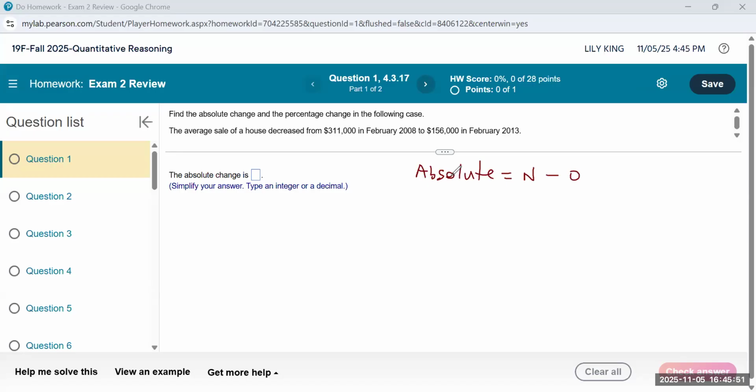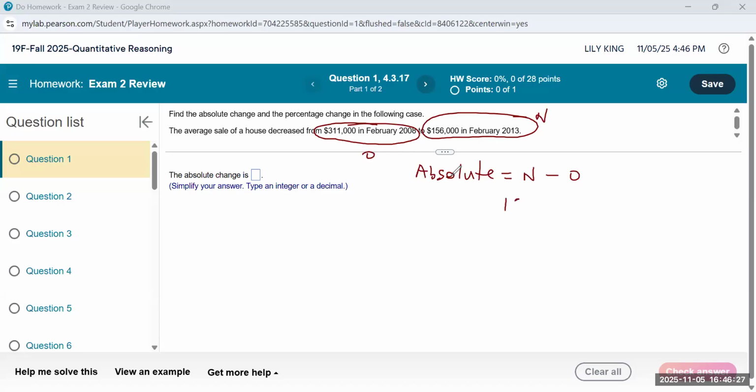Now, if you are given a time frame, the most recent year is always the new, and the other year that is being compared to is your old. So we have February 2013 and February 2008. The most recent year is February 2013. So the price that goes with that month and year is our new, and 311,000 in February 2008 is our old.